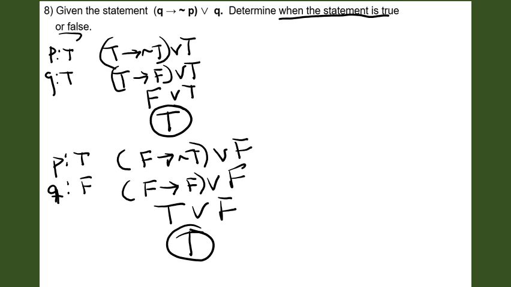There's a third scenario. P could be false and Q could be true. Substituting in, replacing P with false and Q with true, working it out.